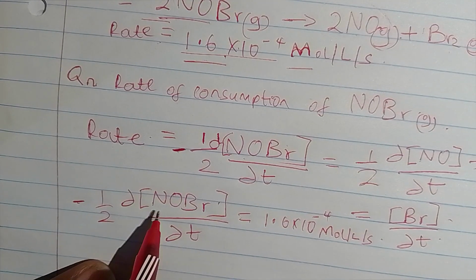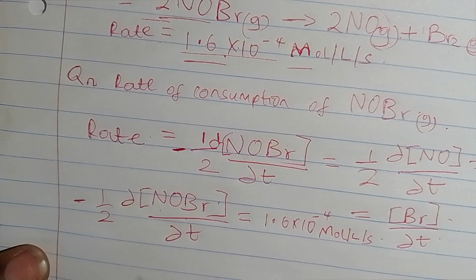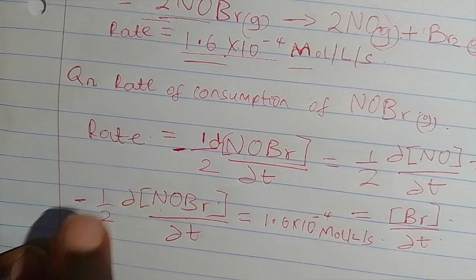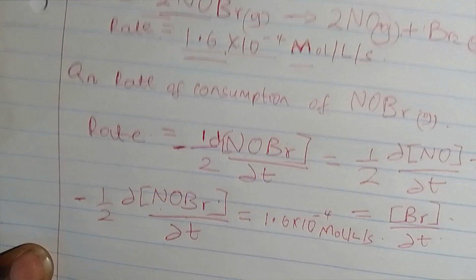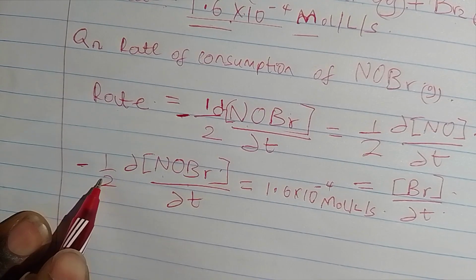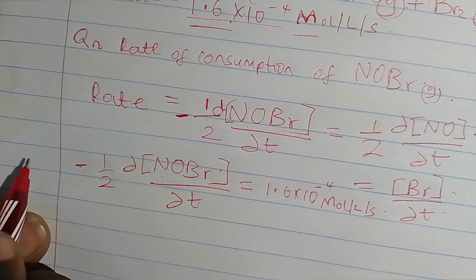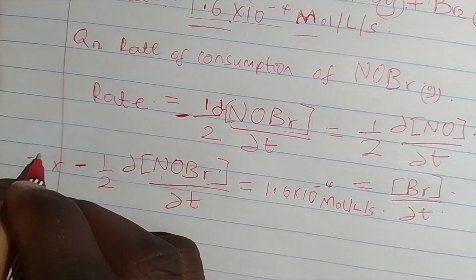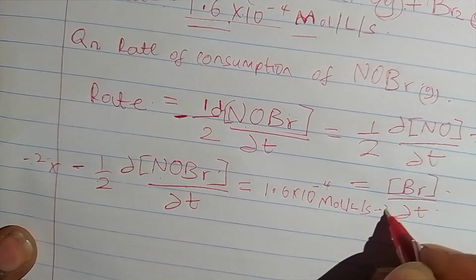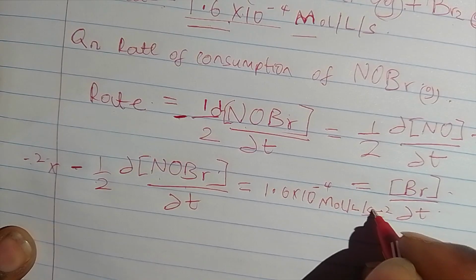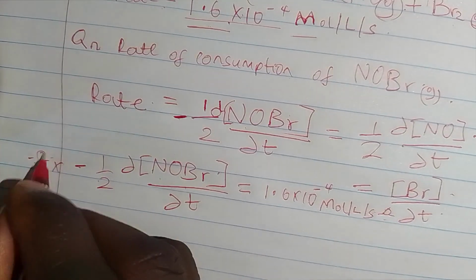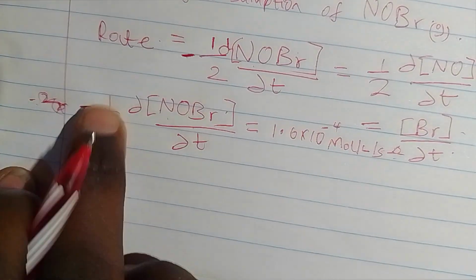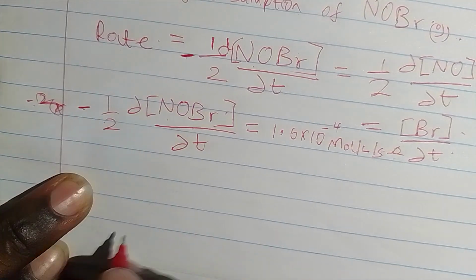Therefore, if you want to get the rate of consumption of this, we simply multiply both sides by the reciprocal of this.